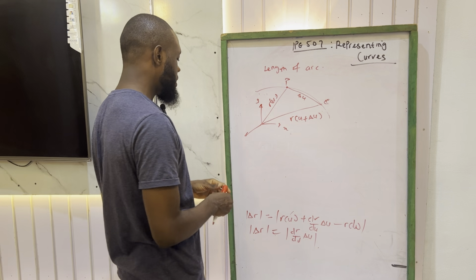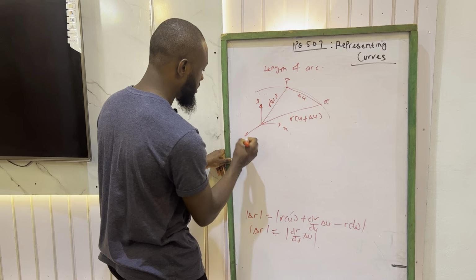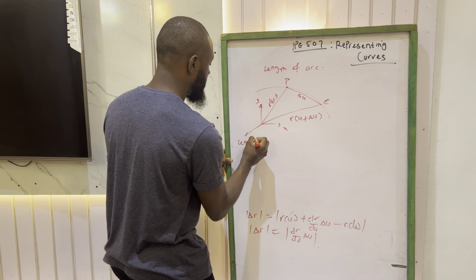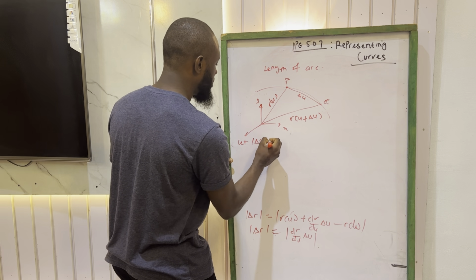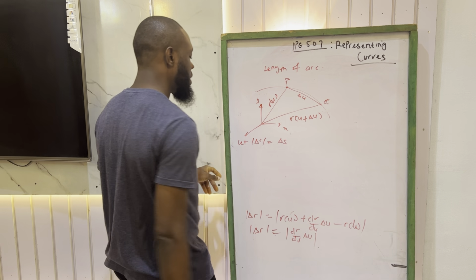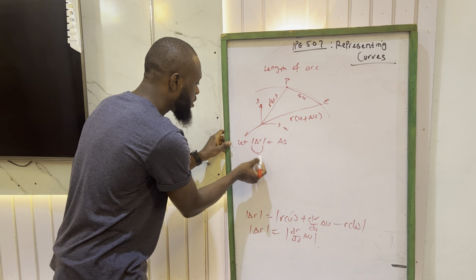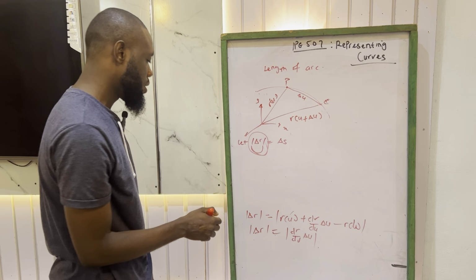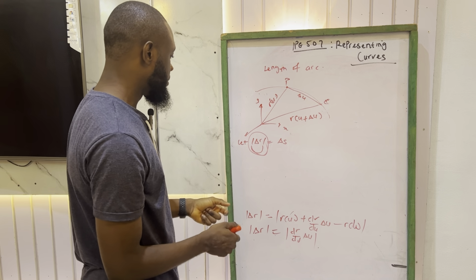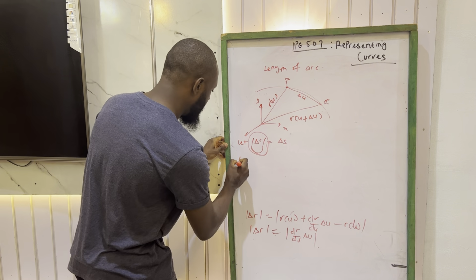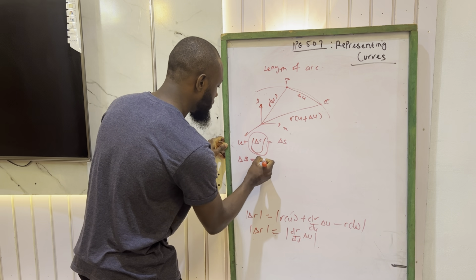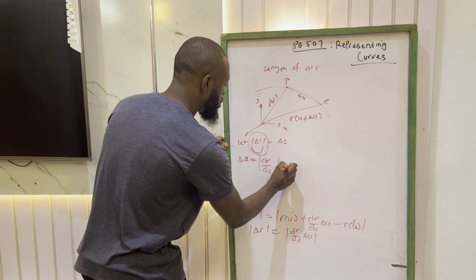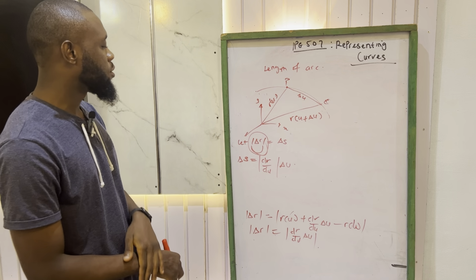Let the magnitude of delta R be represented by delta S. So when you evaluate this, the answer you get, let's just represent it as delta S. Then we have that delta S equals the R du change in U.